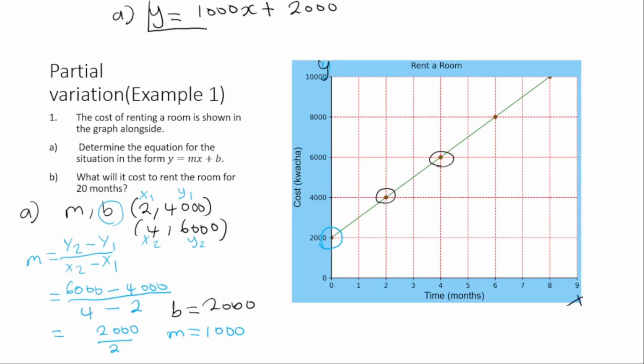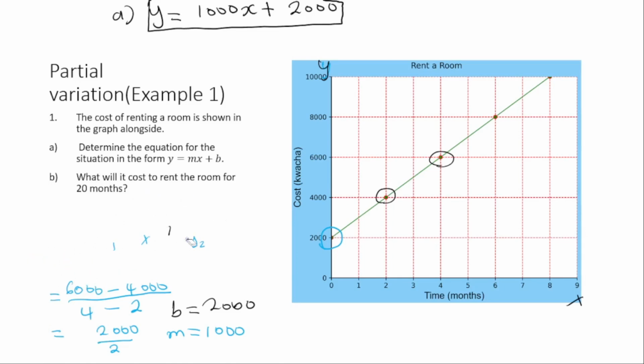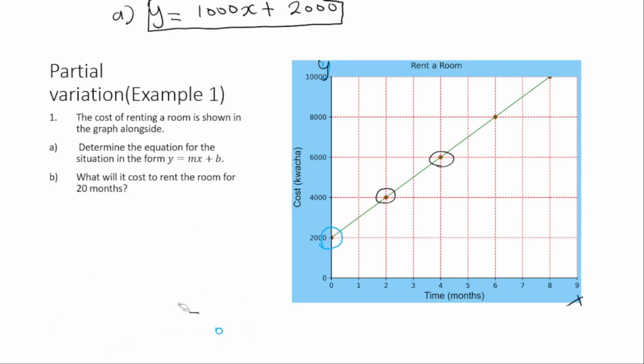So this right here is our solution for A. Let me rub out all this so that we make room for part B.